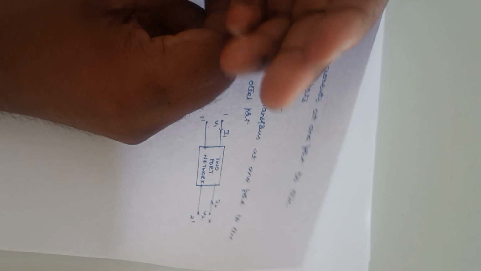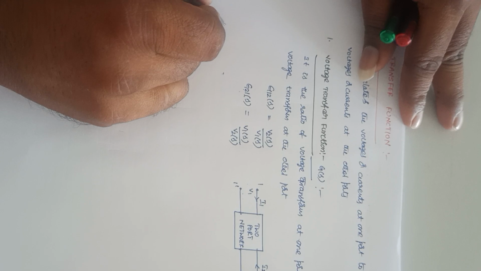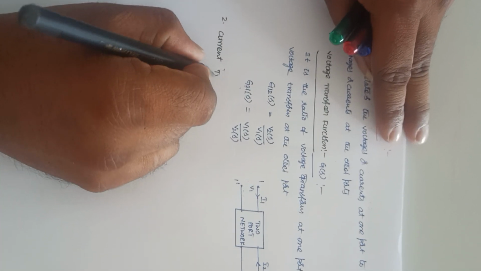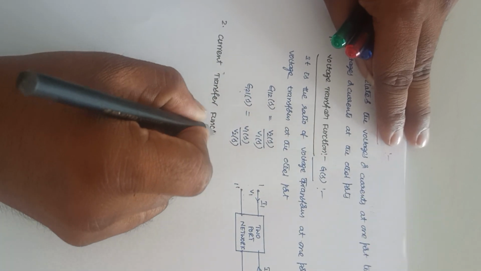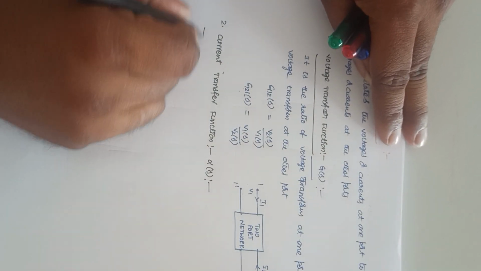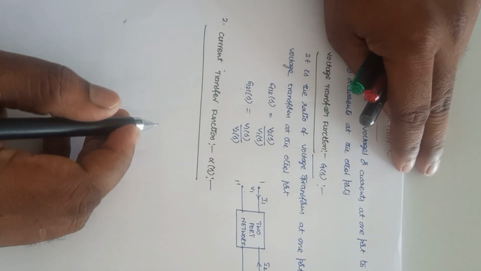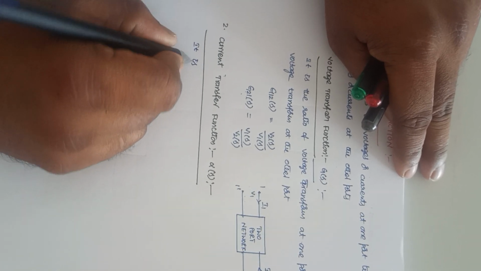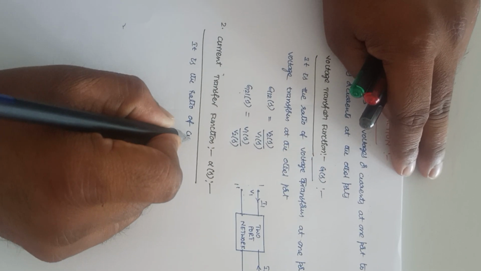Next, second one is current transfer function. Normally it is represented with alpha of S. It is the ratio of current transform at one port to the current transform at the other port.